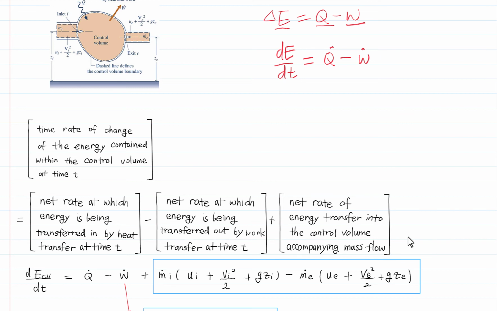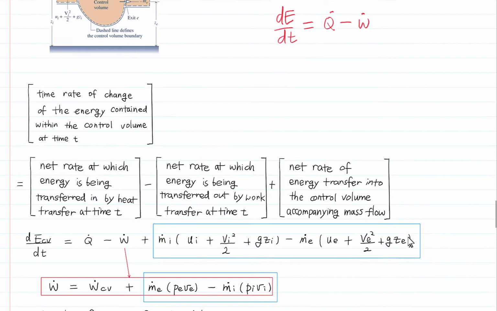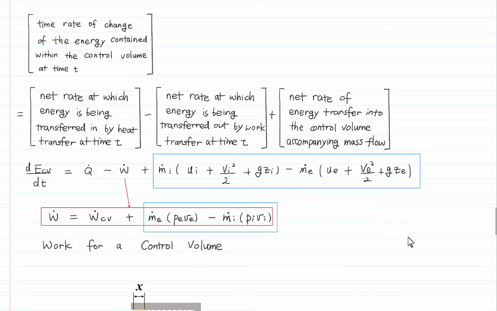So mass carries energy. The energy carried by the mass consists of two parts. The expression in this blue box is the energy associated with the fluid. The fluid contains energy in different forms, including internal energy, kinetic energy, and potential energy. m dot is the mass flow rate at the inlet and at the exit, V is the velocity, and z is the elevation of the system.